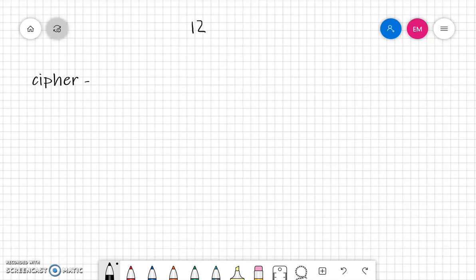So the cipher is simply a symbol, and you'll see why I'm using the word symbol. It's a symbol to represent a digit and a number. And again, this uses two different ciphers in it.